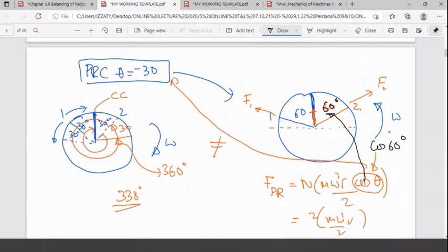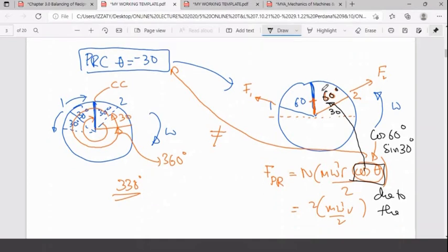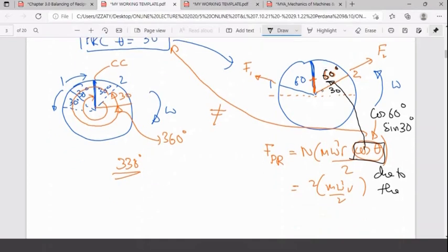Or you can also put this one at 30, for example, then you will have to use sine 30, yes, sine 30, correct. Remember, this cos theta is due to the unbalanced position, not due to the theta that you provided earlier.